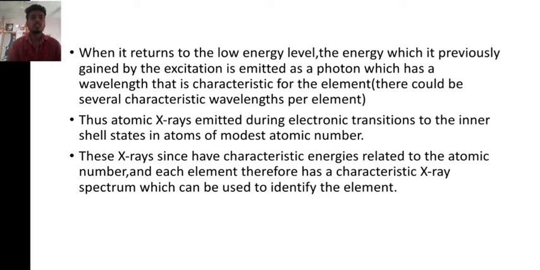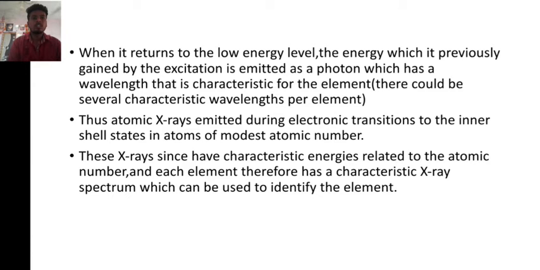When it returns to the low energy level, the energy which it previously gained by the excitation is emitted as a photon which has a wavelength that is characteristic for the element. There could be several characteristic wavelengths per element.